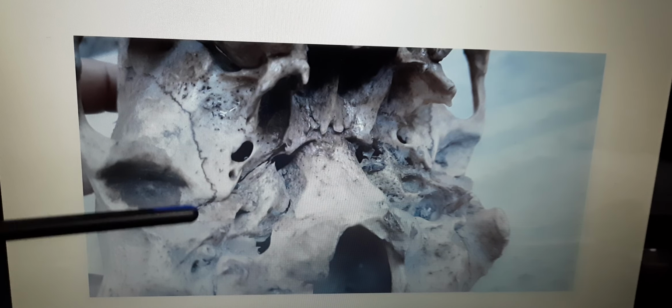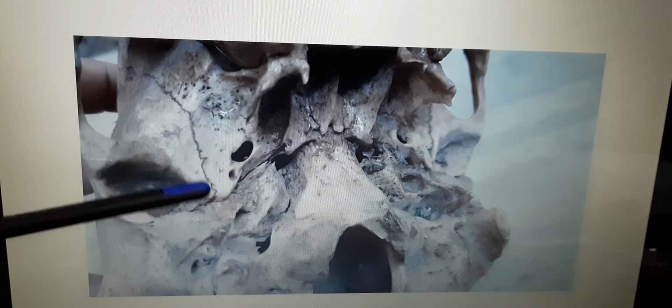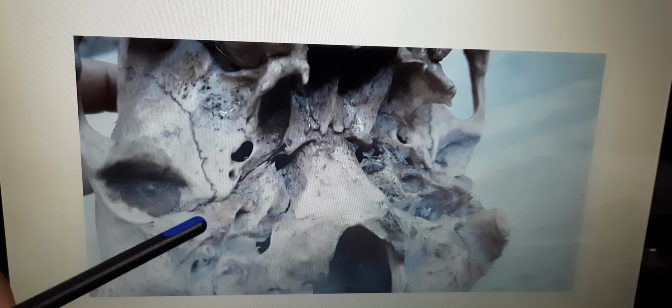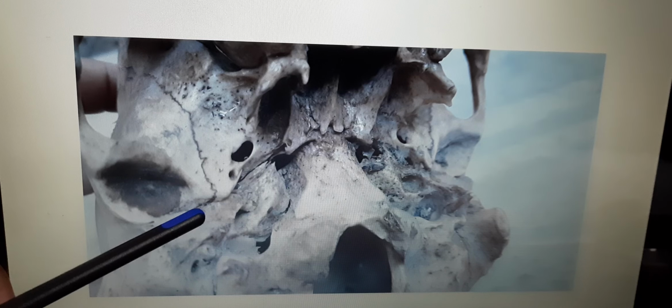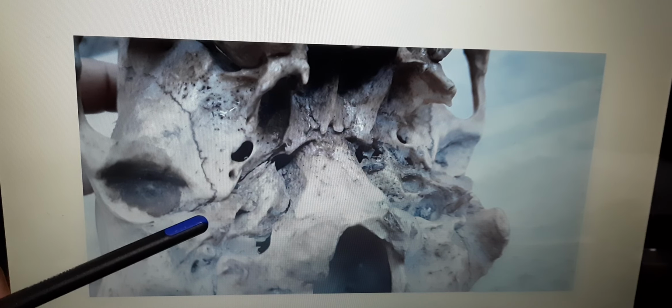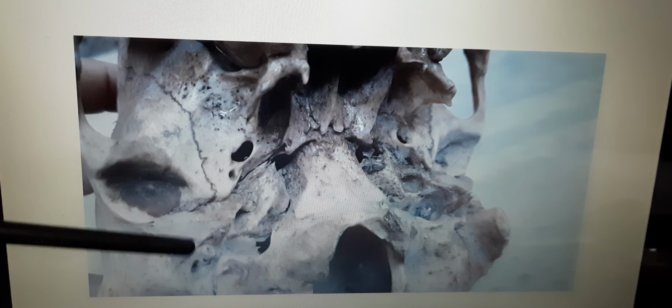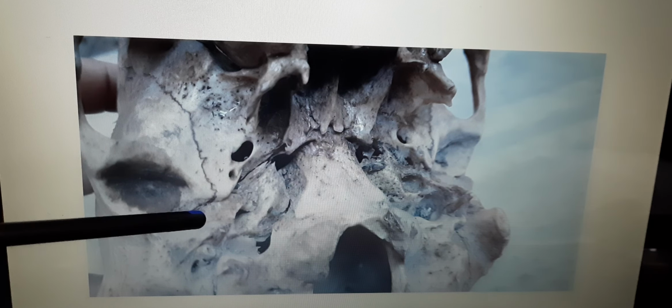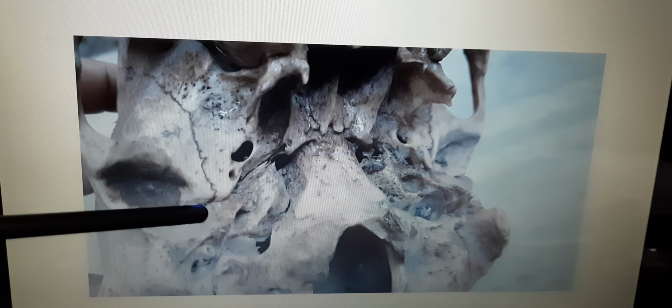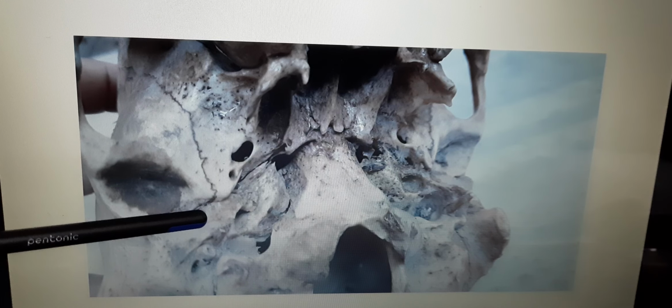This squamotympanic fissure is divided by a perpendicular plate of tegmen tympani bone. I will discuss it later, but just see here there is a bone between these two fissures, which divides the squamotympanic fissure into two parts, petrosquamous part and petrotympanic part.